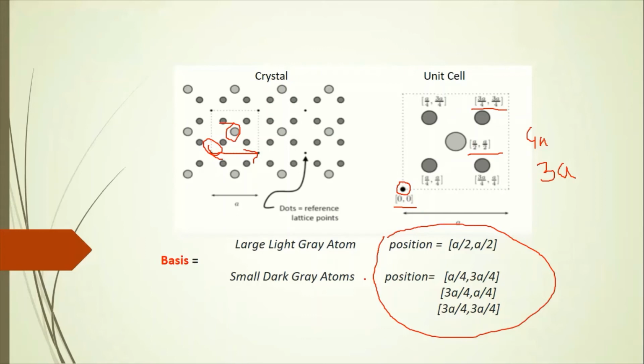This basis means that inside the unit cell there is an additional atom. So we have a more complicated basis in a two-dimensional lattice. It was just an example.